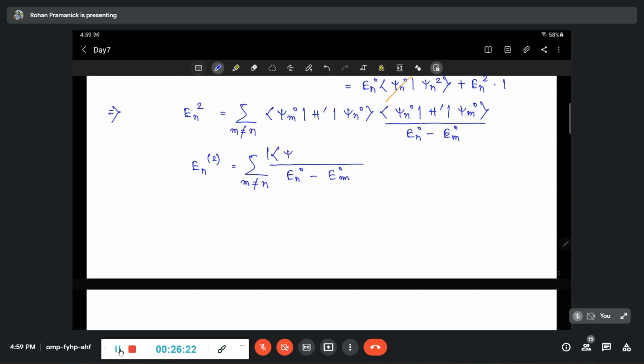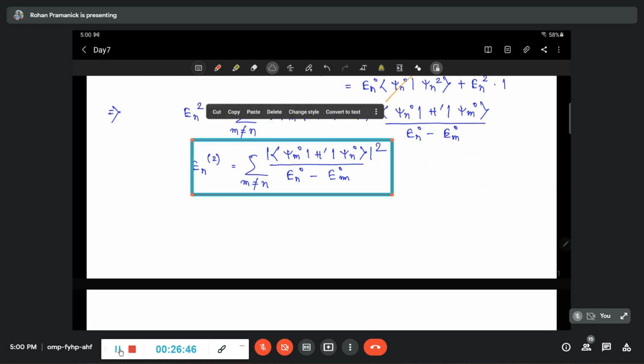So we can write it as psi m0 H prime psi n0 mod squared, over En0 minus Em0. So this is the correction that we want.